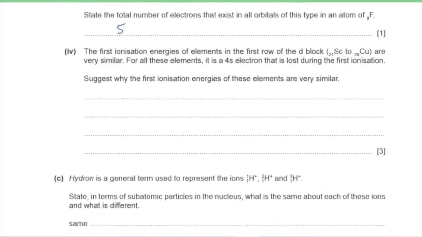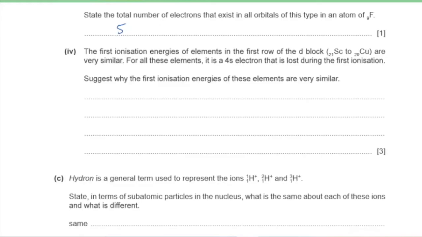Part 4. The first ionization energies of elements in the first row of the d block are very similar. For all these elements, it is a 4s electron that is lost during the first ionization. Suggest why the first ionization energies of these elements are very similar.